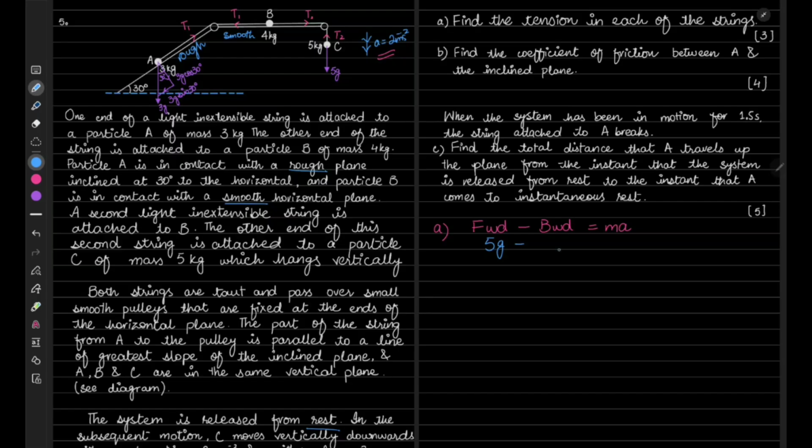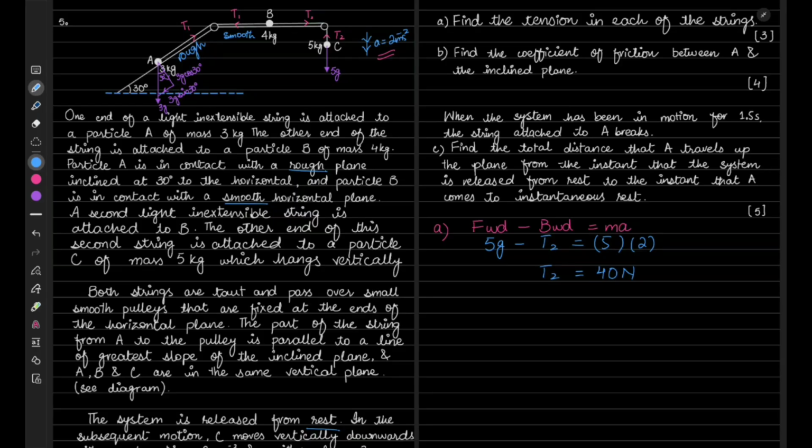What is the backward force? Just tension 2, and this is going to be equal to m times a, that is 5 times 2. So from here, we can clearly find T2, where g is 10. So T2 will be equal to 40 newtons.